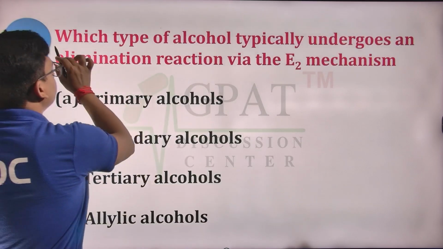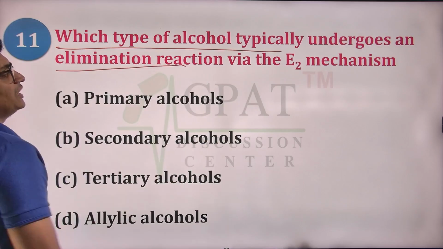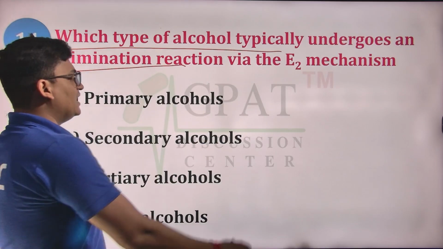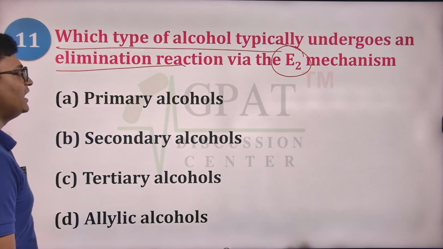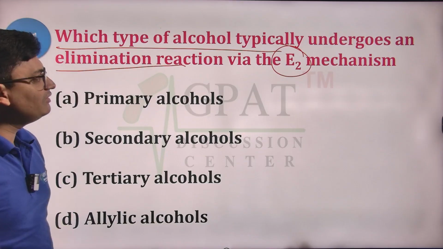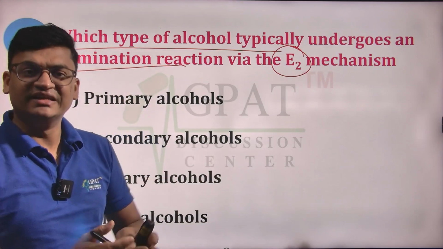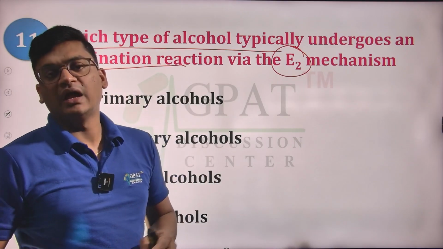Moving to the next question. Which type of alcohol typically undergoes an elimination reaction via the E2 mechanism? Now, we are being asked which of the following alcohols can undergo elimination via E2: primary alcohol, secondary, tertiary, or allylic? We know very well the elimination reactions must have less steric hindrance, so that your base approaches the substrate molecule and removes the proton.